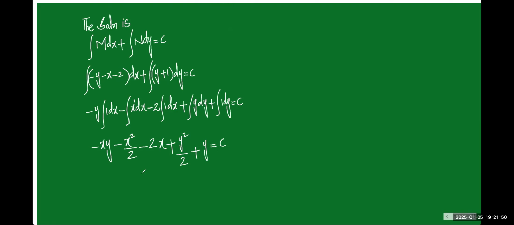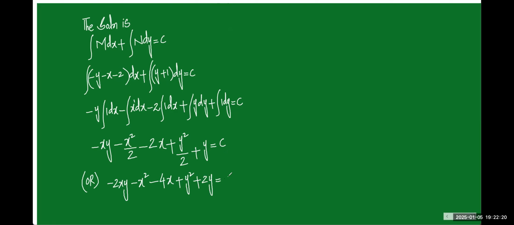You can either leave your problem here only, or if you want to write one more step, that is optional: we multiply every term by 2. That is minus 2xy, minus x square left off, minus 4x, plus y square left off, plus 2y is equal to, this is actually c, it becomes 2c, but the variation of constant doesn't matter.